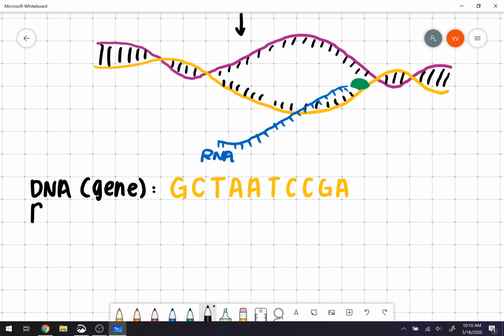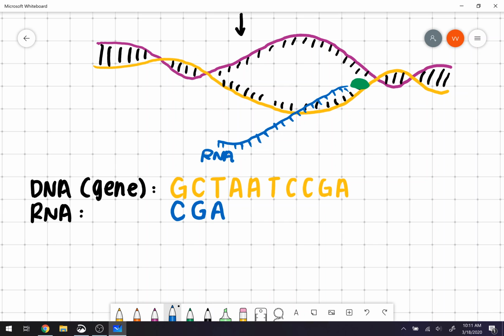When your RNA is being made by polymerase, every time you see a G on DNA, it's going to bind with C. Same thing with C, right? All of the binding is the same.